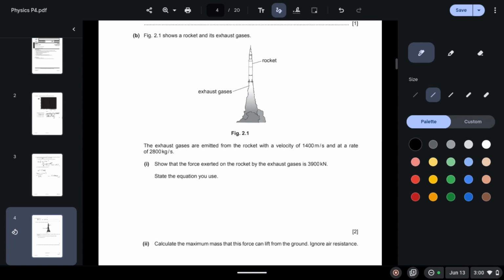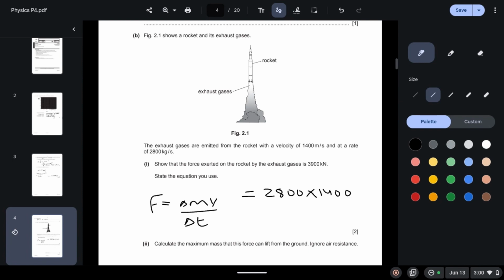So here we can use this equation, which relates momentum and force. Change in momentum over the change in time gives you the force. So therefore we can calculate change in momentum. We are given the mass and the speed. So mass is 2800 kilograms per second and speed is 1400 meters per second.